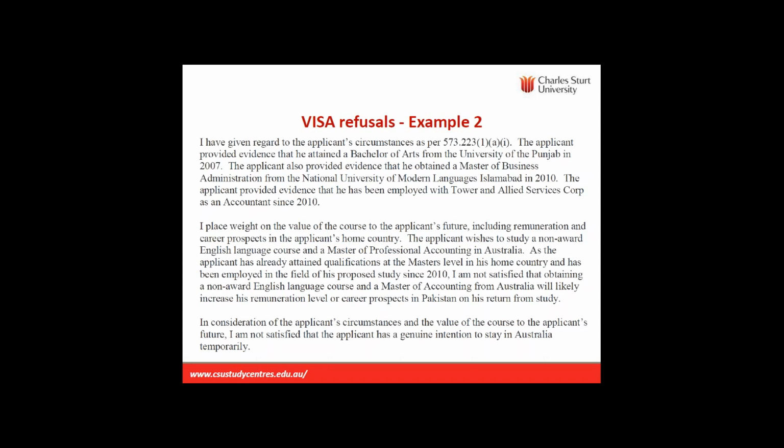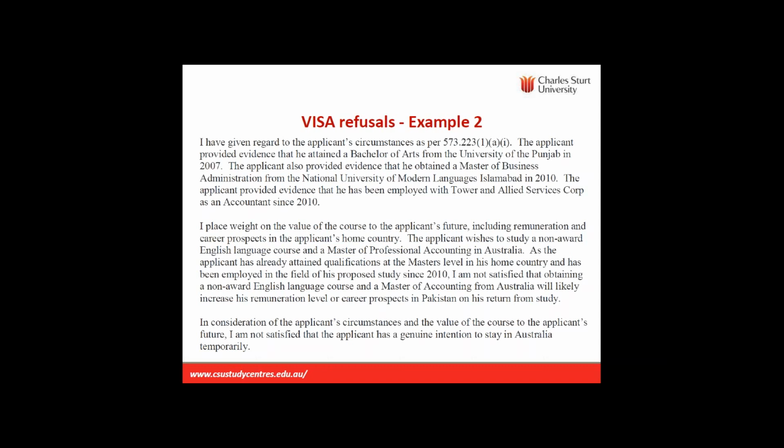Well, the second case is about, again, one of the applicants who has two undergraduate degrees from a local university in the home country, and then is applying for graduate studies in Australia. Sometimes the GTE can refuse the application just because it's the same type of program, or it's a totally different type of program.